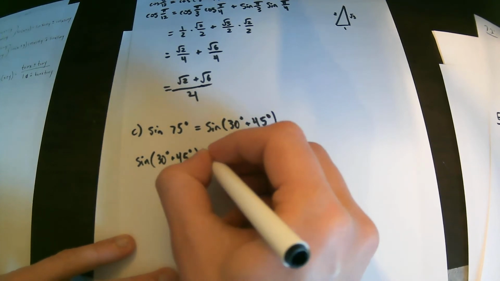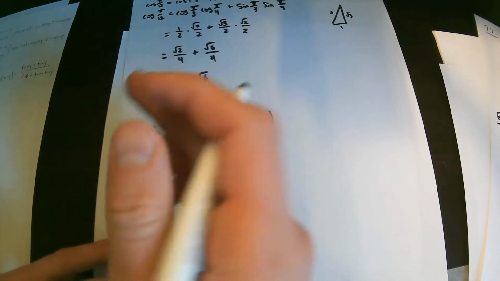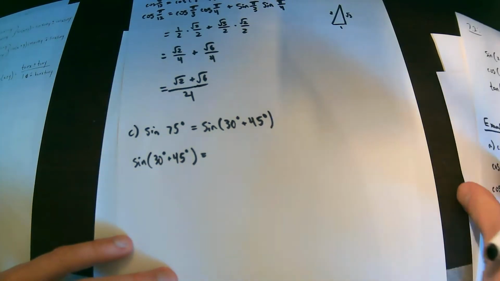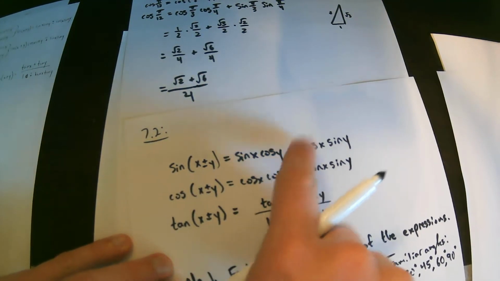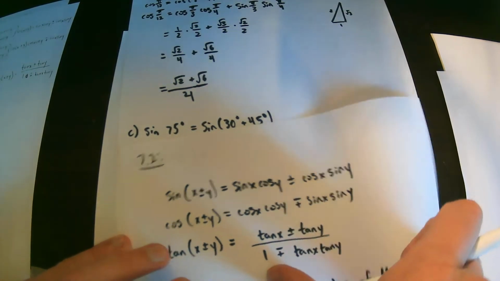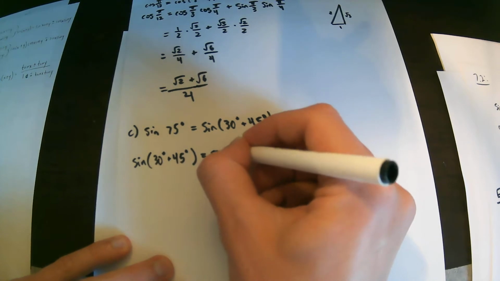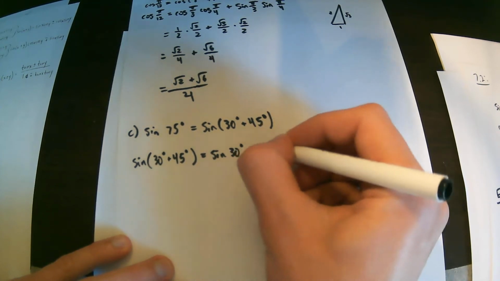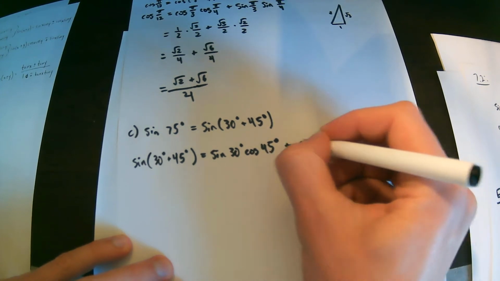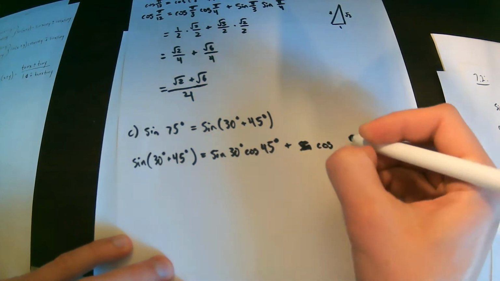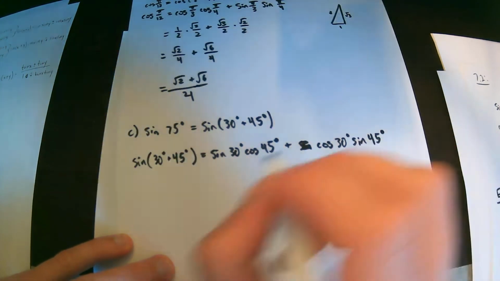Now I'm using the sine formula, so I need to make sure I'm using the correct order for the factors. So it's going to be sine x cosine y plus cosine x sine y. So I'm going to have sine of 30 degrees times cosine of 45 degrees plus cosine of 30 degrees times sine of 45 degrees.